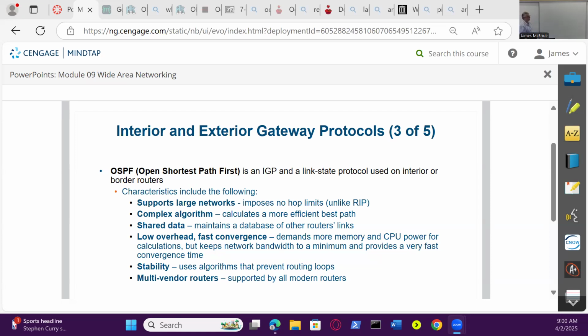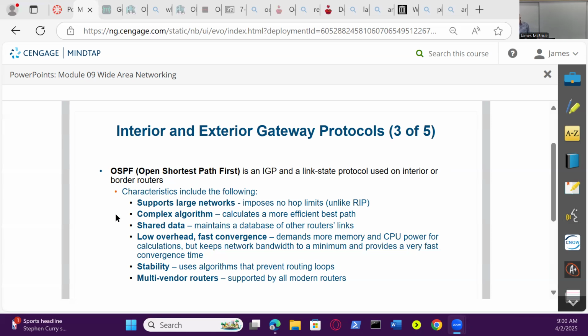Interior Gateway Protocol. It's a link state protocol. So what is the state of the link, up, down, and so on? Used on interior or border routers. So used in border routers and those that are just interior routers.